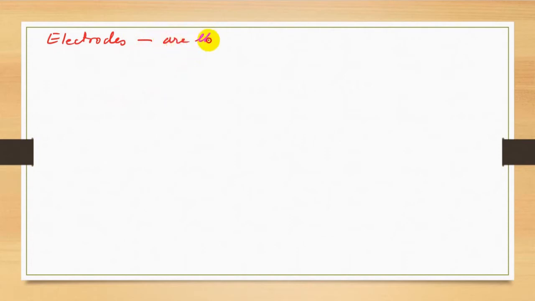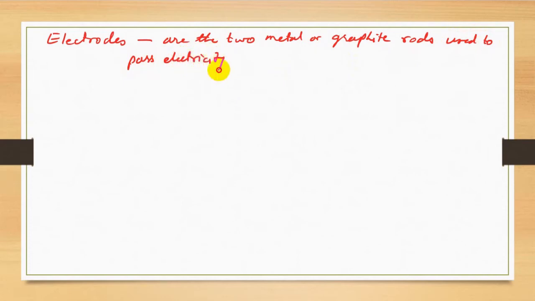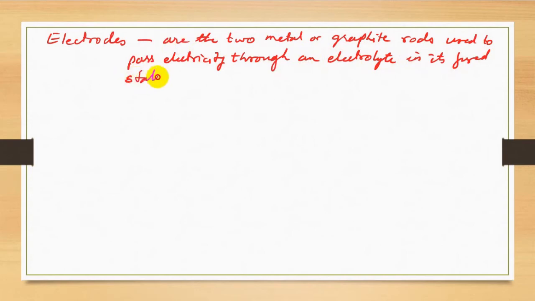Electrodes are the two metal or graphite rods used to pass electricity through an electrolyte, again, the electrolyte in its fused state or in aqueous solution.